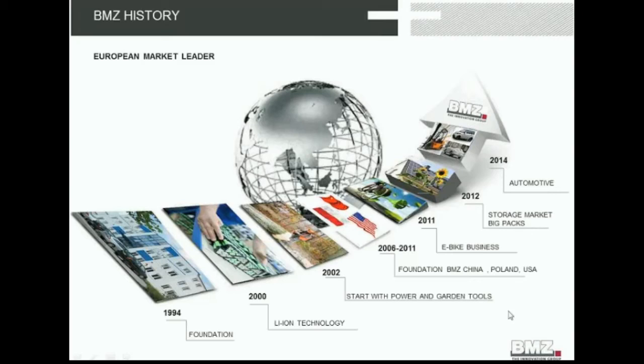Now we have around, I don't know, 80% of those markets in our hand. Between 2006 and 2011, we founded some subsidiaries in China, Poland, and USA. In 2011, the e-bike business got bigger and bigger. In 2012, we started with storage. And in 2014, we started with automotive applications, which is very interesting, I can tell you.